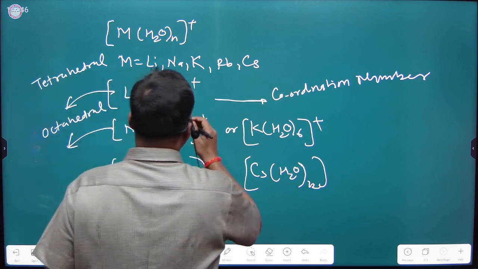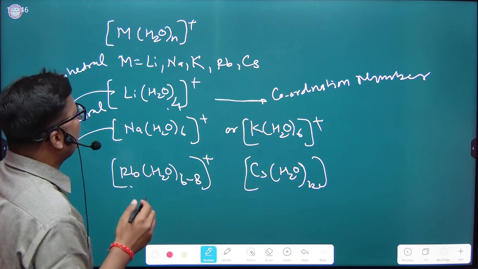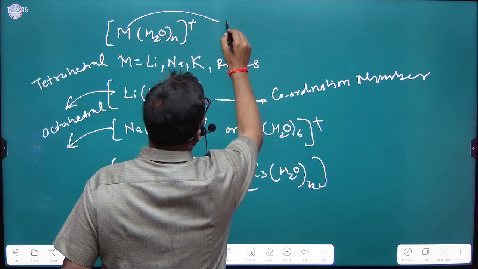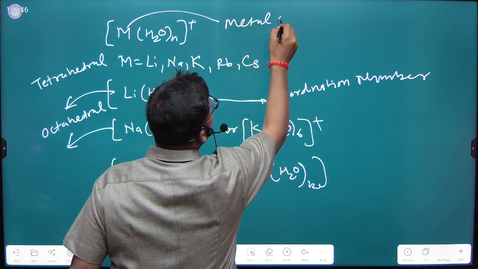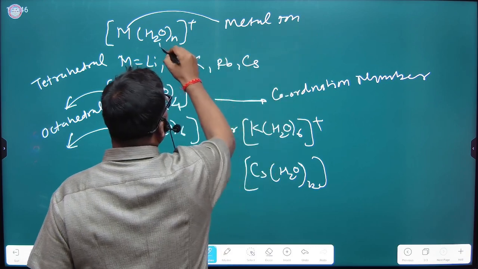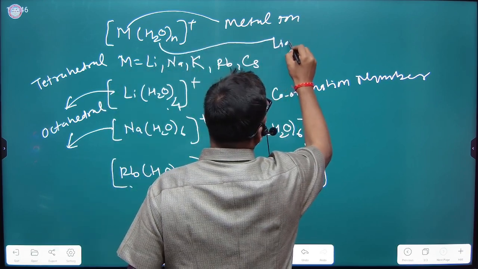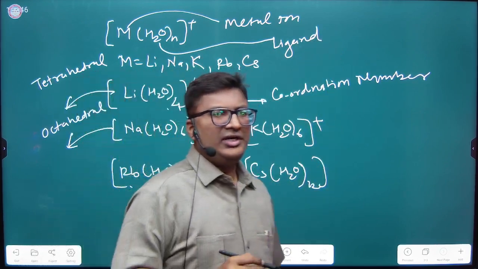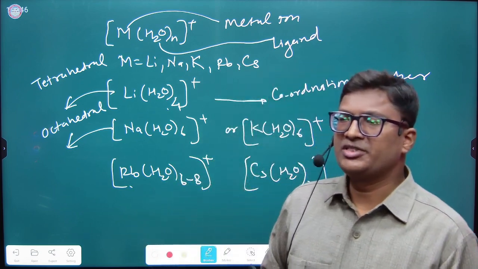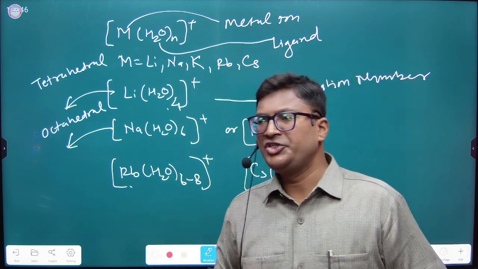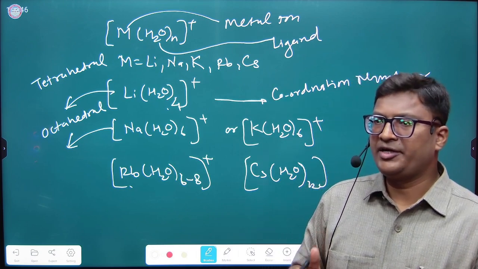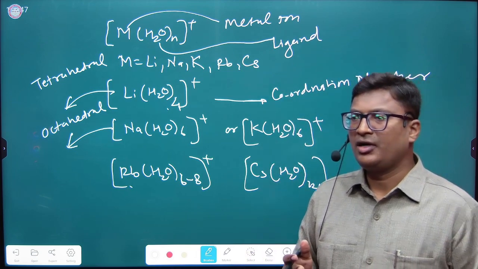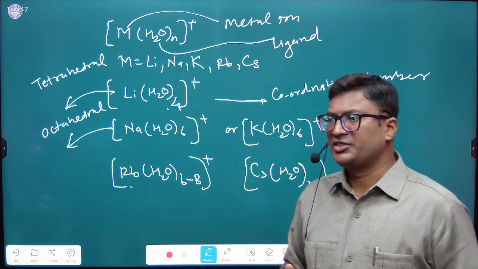One is the metal: in every hydrated complex ion, there is one metal ion, and the other is called a ligand. A ligand is a chemical species which has the capacity to donate a pair of electrons to the metal, which has vacant and suitable energy orbitals.